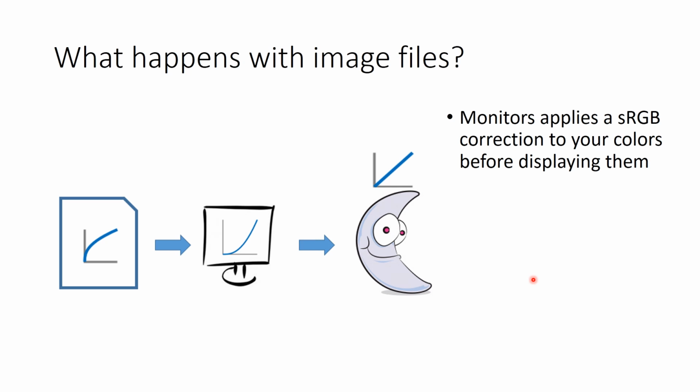After that, when we want to show the image on the screen, the monitor applies an sRGB correction to your colors. So basically it applies its gamma and the result is linear.